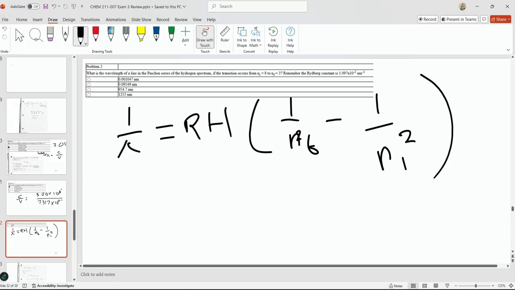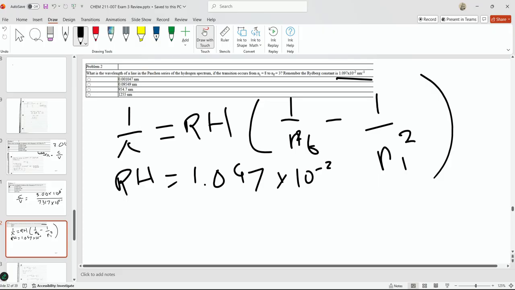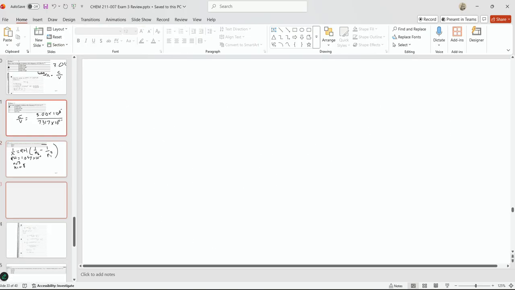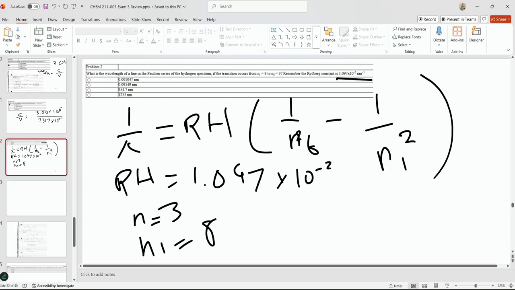I'm just going to state the constants here, and you guys can figure it out. R_H is given, so we have 1.097 times 10 to the -2, and we have n final, which is 3, and n initial, which is 8. So when you plug in these values, see what you get in the calculator.